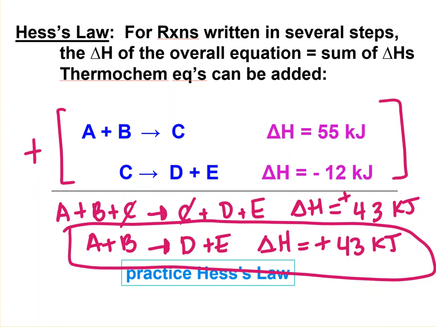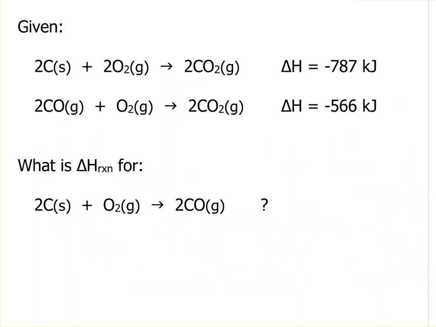The trick is that on a lot of these, you have to manipulate these equations, multiplying by factors and stuff, and then add them to get your number here. So we'll look at a more complicated one. This is how the problems usually look.